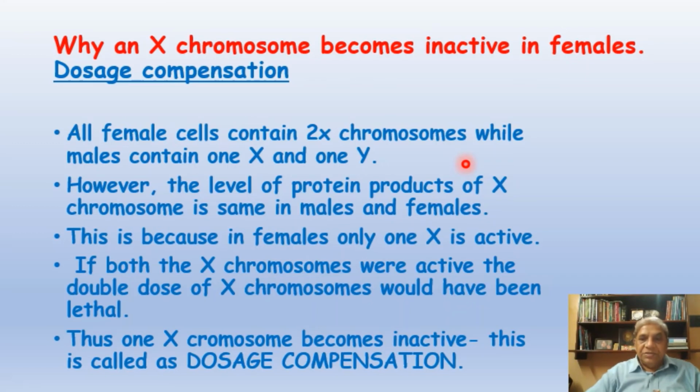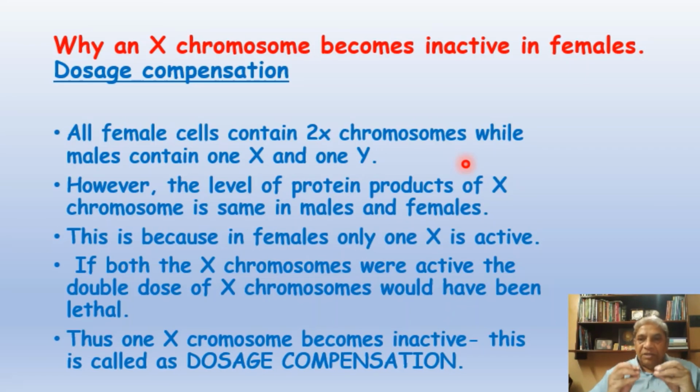Okay, so genes are involved in the production. The level of the product produced by the genes on the X chromosome is the same in males and females, because both sexes now have one active X chromosome, that's why the products are the same.